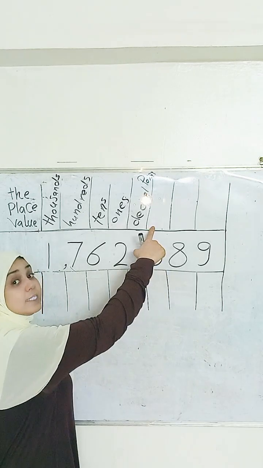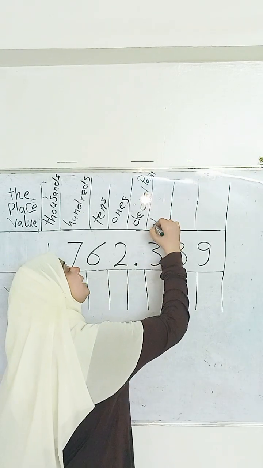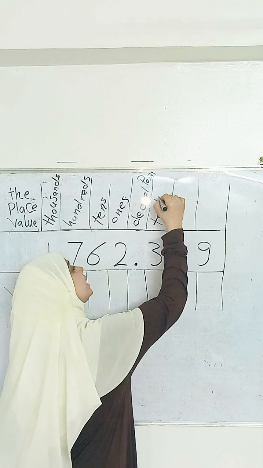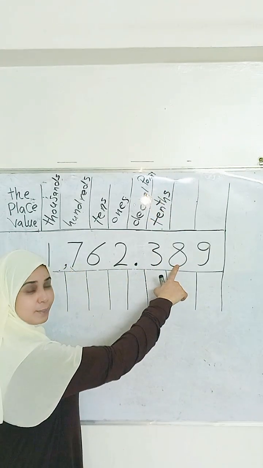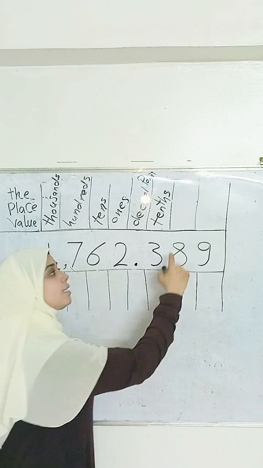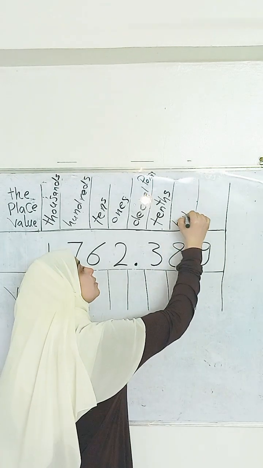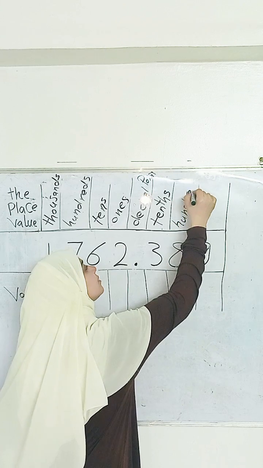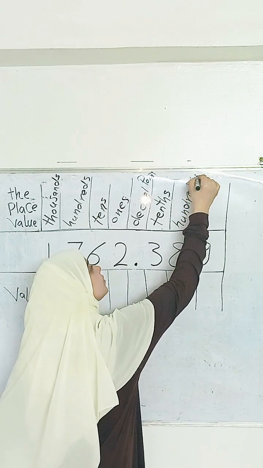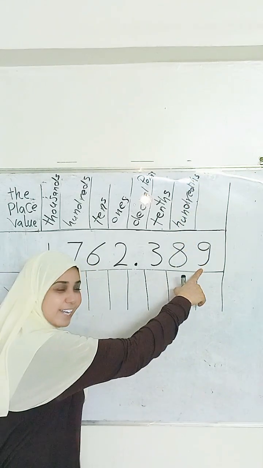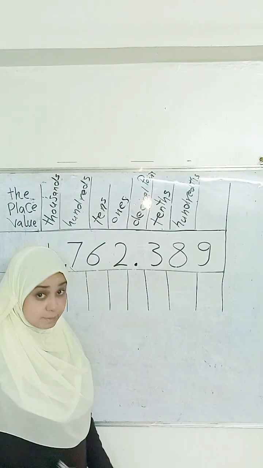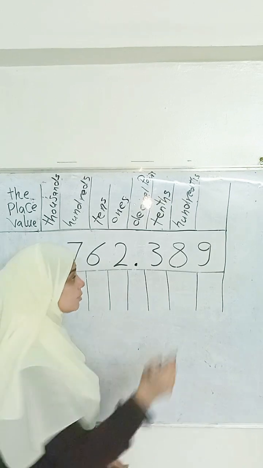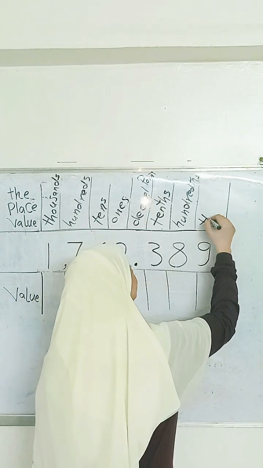So it's in the tenths place. What about the next one? Hundredths. And nine is in the thousandths place. Okay?